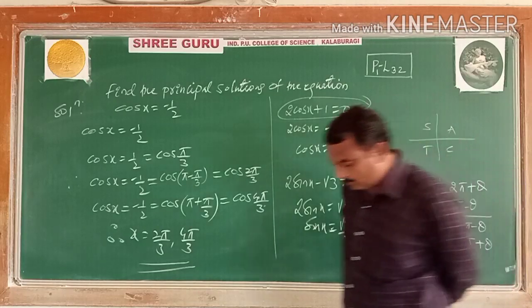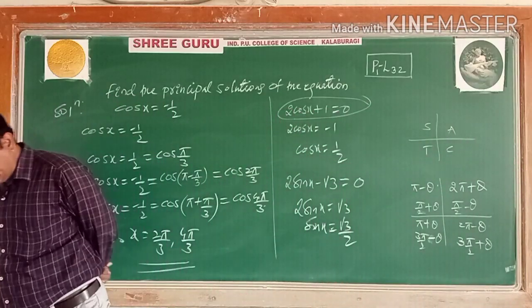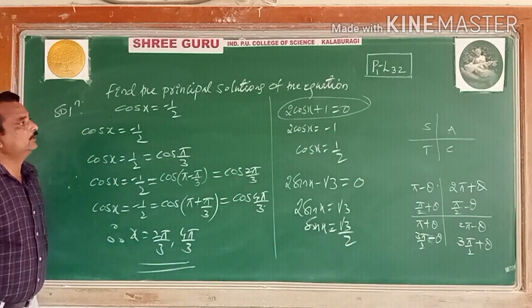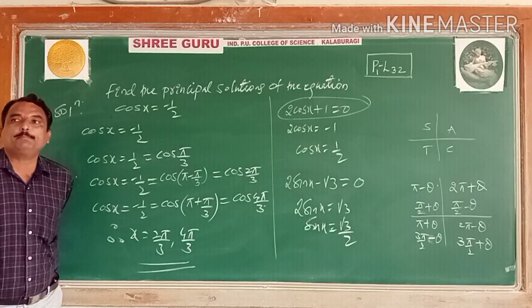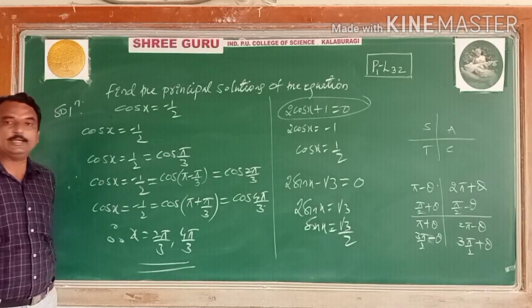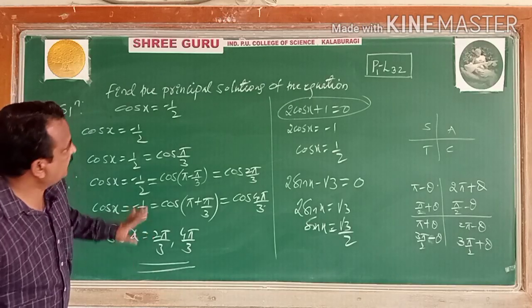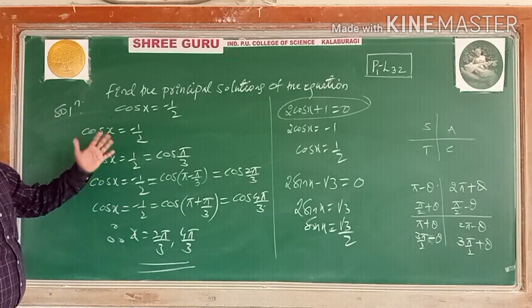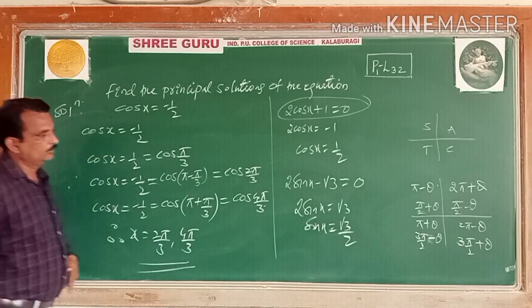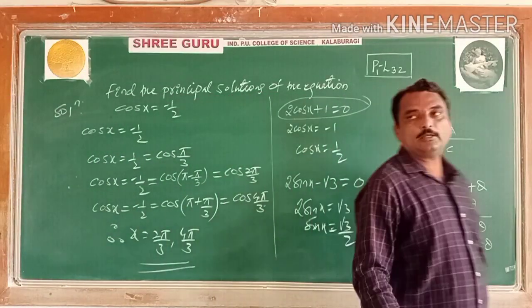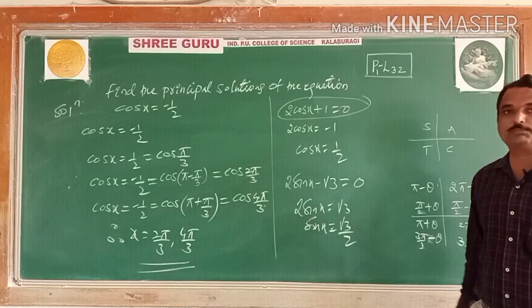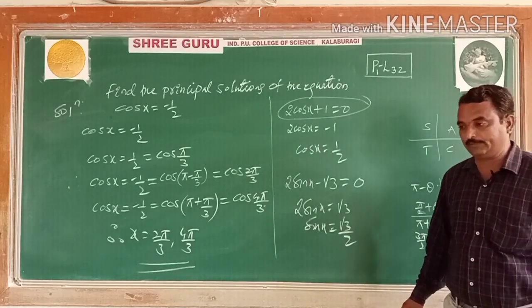So with this, finding the principal solutions is complete. I hope you are getting such particular equations, positive equations, negative equations. So with this, finding the principal solutions of the trigonometric equations completes.